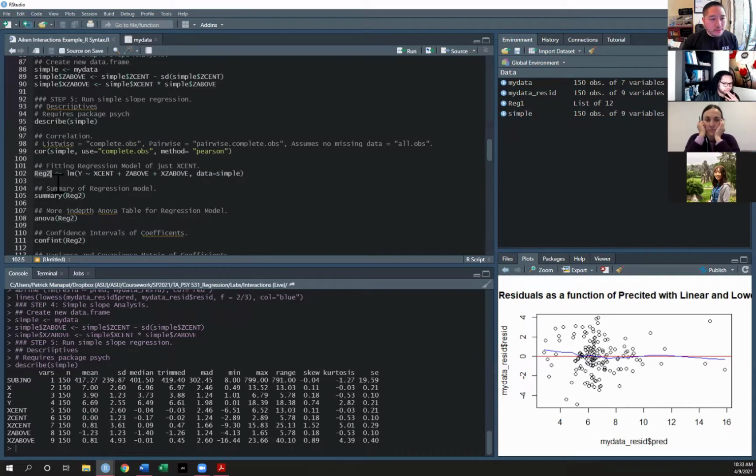So for reg 2, we're going to use the LM function to predict y from x-centered and the new z above variable, and the new interaction term, one standard deviation above the mean of z. So xz above, which we just created up here. And remember that this data set is now called simple.